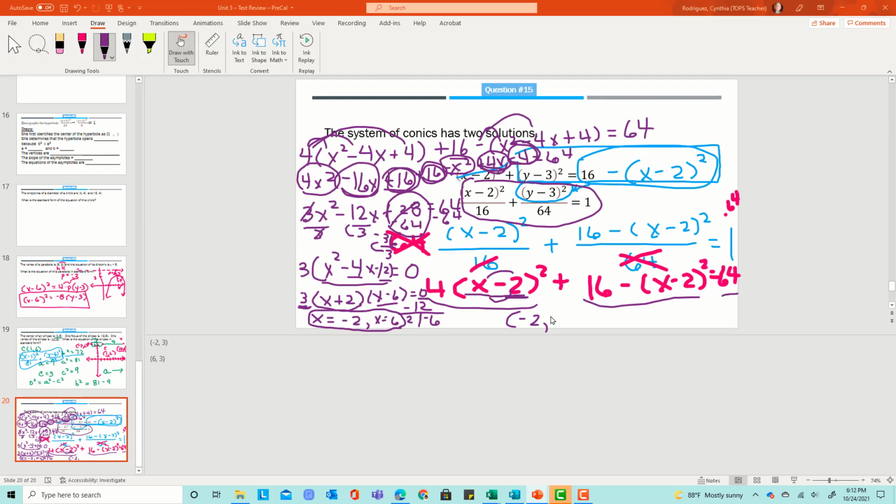Also, if you let x be 6, plug that into one of your equations, solve for y, and you'll get y equals 3. So these are your two solutions.